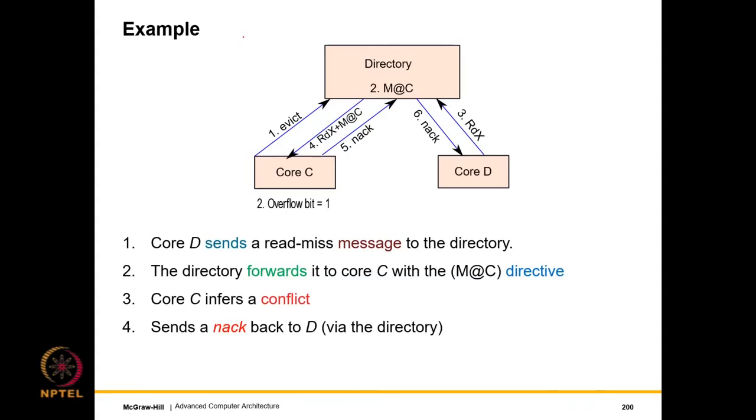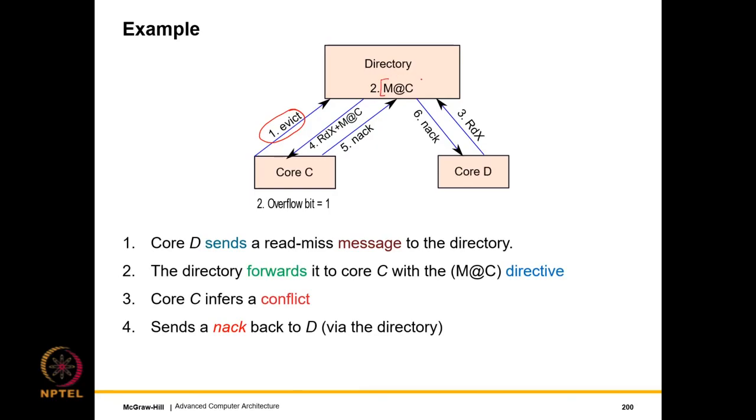So let's look at an example over here. Core D starts the process. So I'll start slightly to the leftwards from t equal to 0. The first is core C had a line, it evicted it, so it sent a message to the directory.